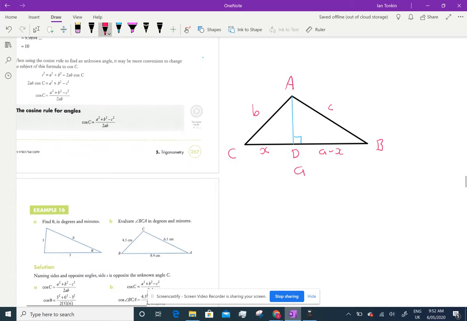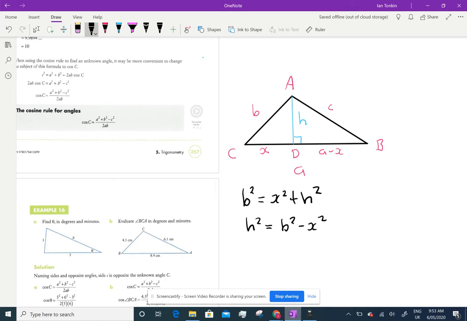So let's have a look at this. First of all, let's do a little bit of Pythagoras on the triangle on the left-hand side. I'm going to get b squared equals x squared plus h squared, where h is the height. So therefore, h squared equals b squared minus x squared. I just took the x over.